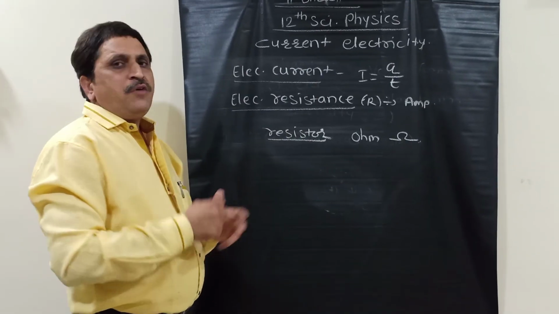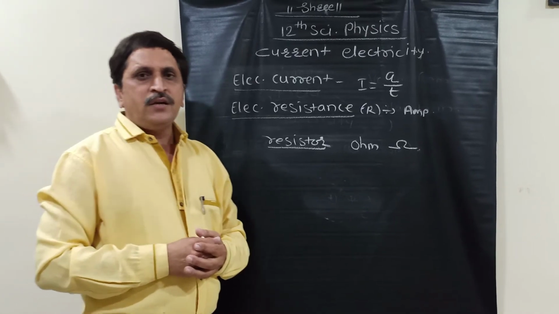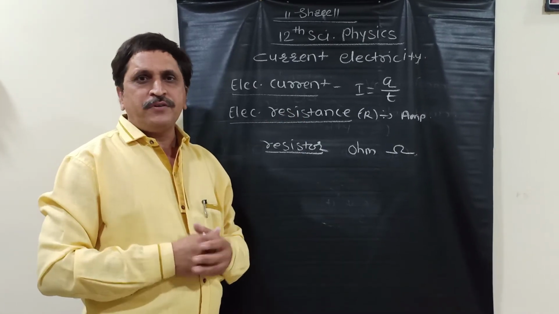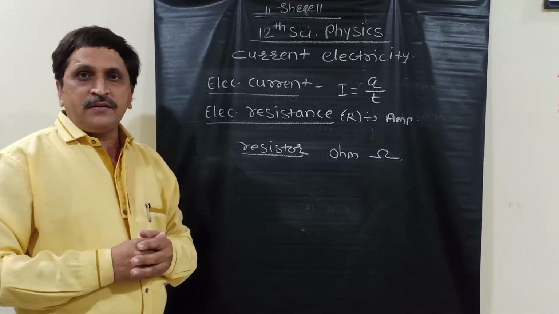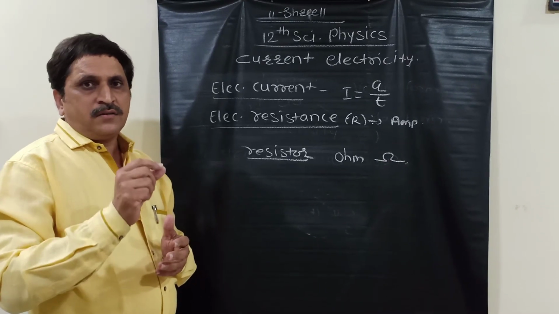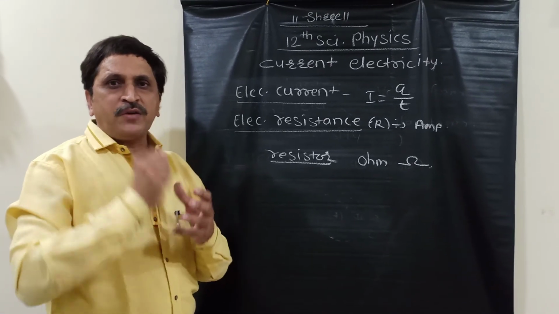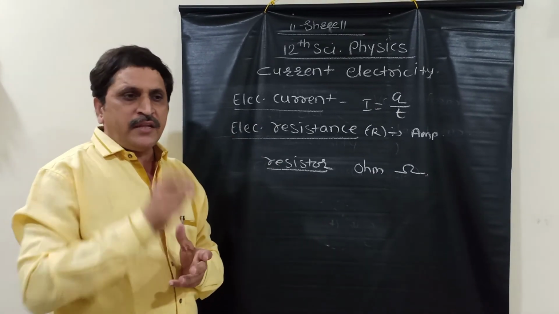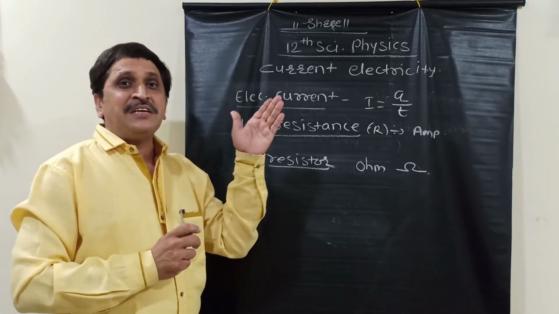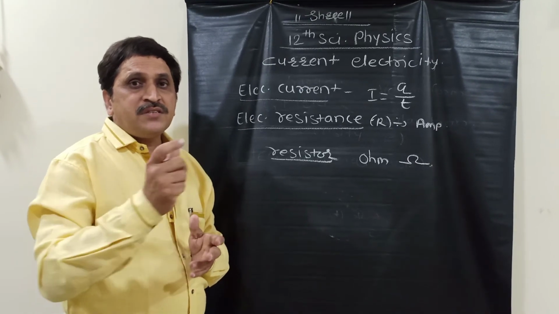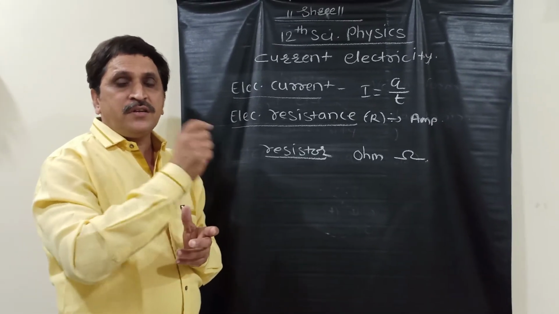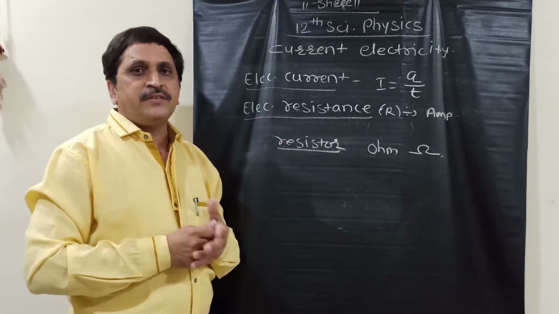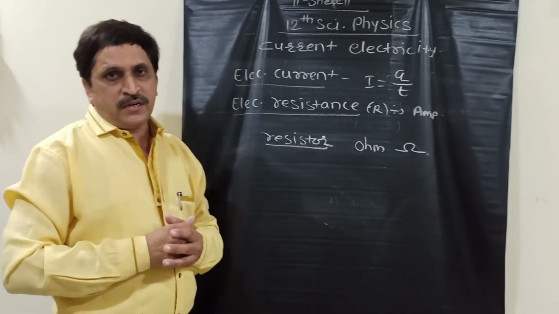Now, if we have taken one copper rod, and we don't apply any potential difference, then there is no current. When we apply the potential difference across the conductor, then the free electrons present in that conductor flow in a single direction, then we can say that electric current flows through the conductor.